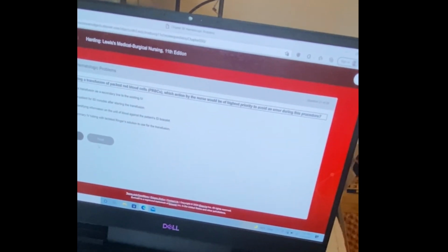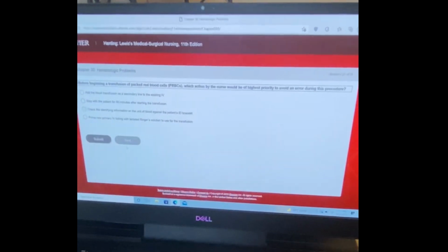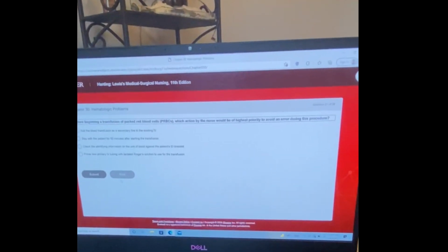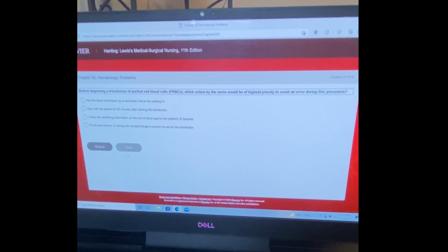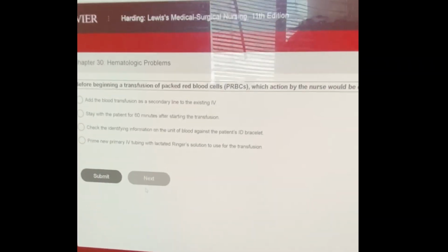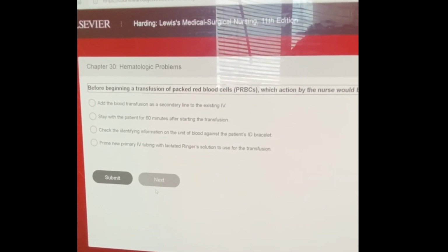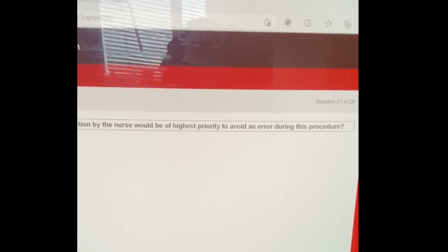Before beginning a transfusion of packed red blood cells, which action by the nurse will be the highest priority to avoid an error during this procedure? Okay, so you're doing the transfusion of red blood cells. So which action would be the highest priority to avoid?